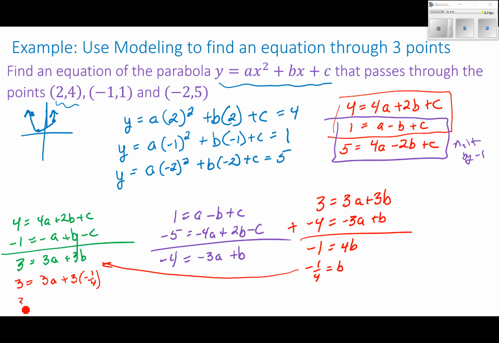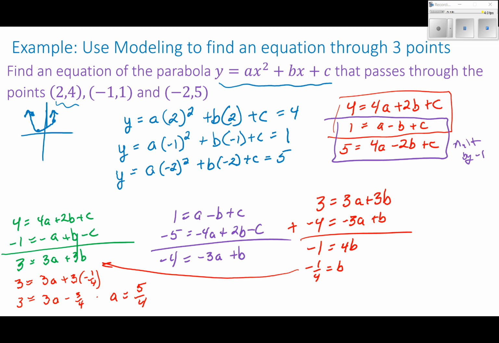So this is 3 equals 3a minus 3/4. We can work this all out. A ends up being 5/4. So we take 3, add 3/4, divide by 3. A would be 5/4. Now we have A, we have B.